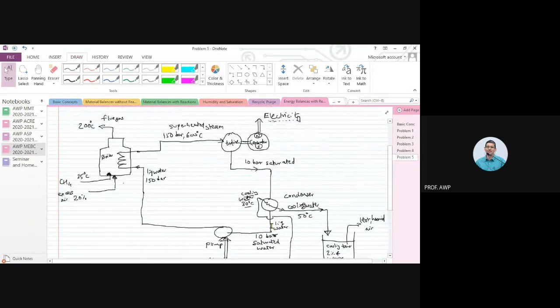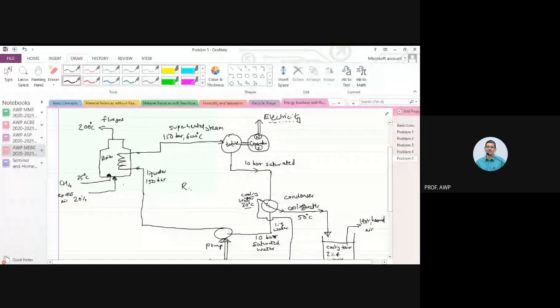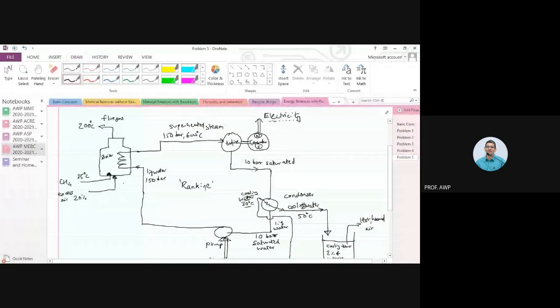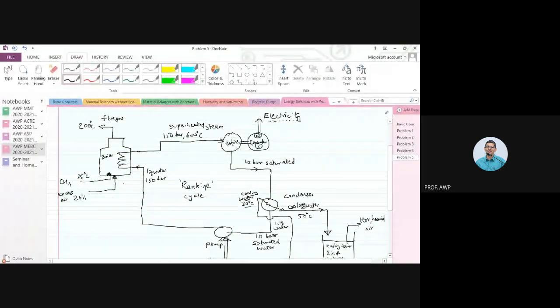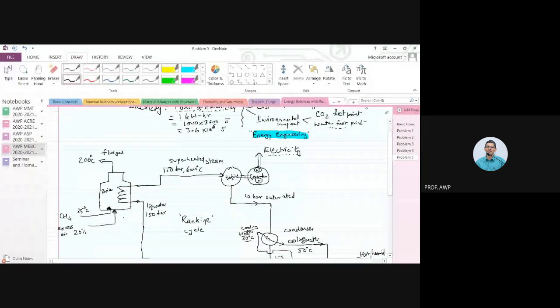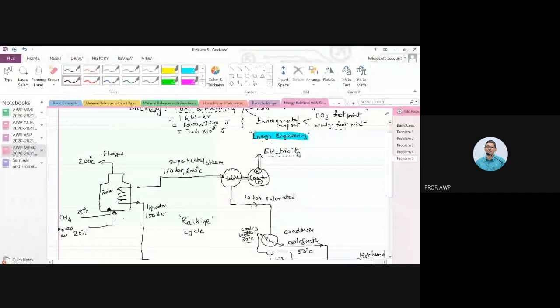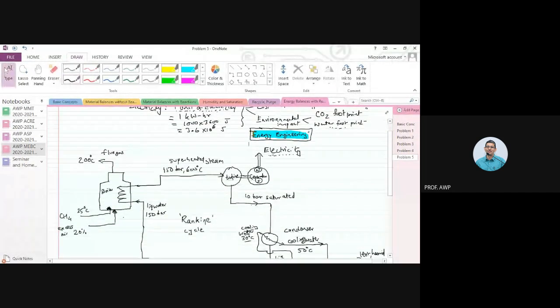Right. So this is how a power plant produces power, and this is called a Rankine cycle. You will do all these different kinds of cycles in your course on energy engineering. One of the simplest, one of the oldest cycles is the Rankine cycle.